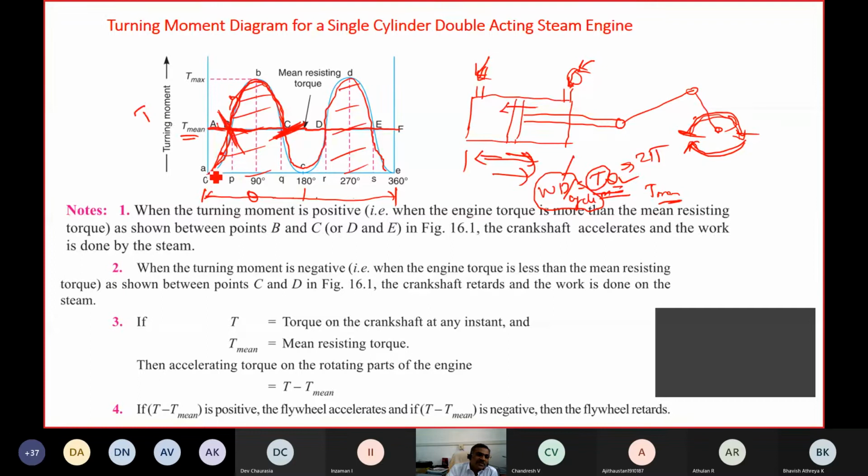So the energy of the flywheel will be slowly decreasing. At this point, it will be minimum, because in this portion, the energy stored in the previous cycle is taken to maintain the constant speed. Right, at this point, speed is also minimum, energy in the flywheel is also minimum.